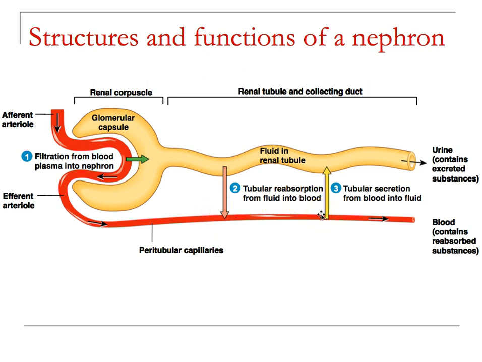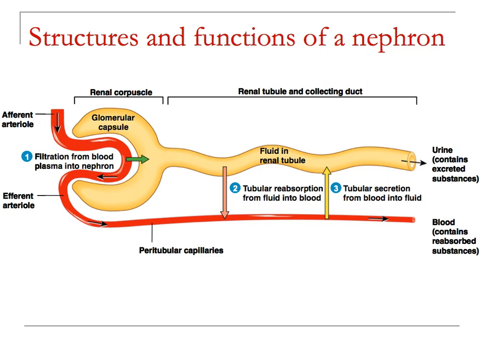And here's the part that can happen as well. While you're out here, anything that's inside the blood we don't need, you can take it back into the fluid inside the renal tubule. Okay, so the filtration doesn't just occur, most of the filtration occurs here. You can actually have reabsorption and secretion back into the tubule as it travels from its beginning to its end until it can no longer accept new materials.